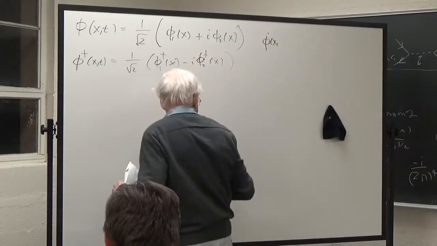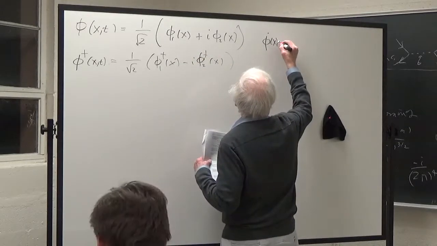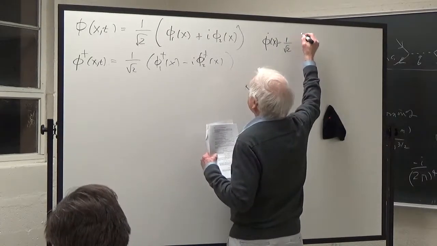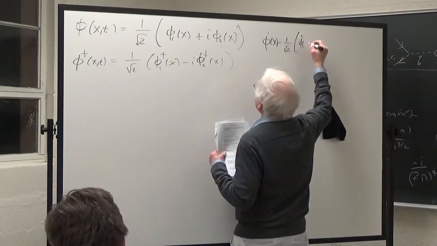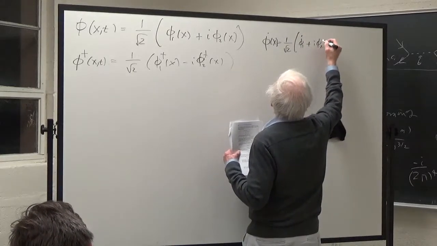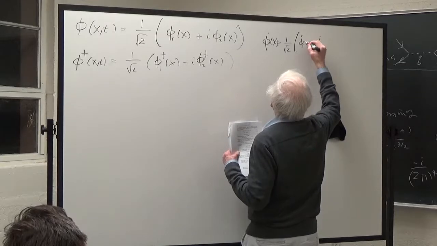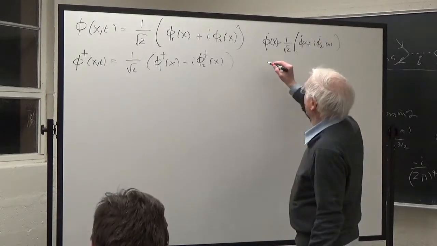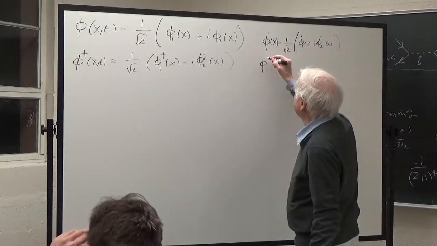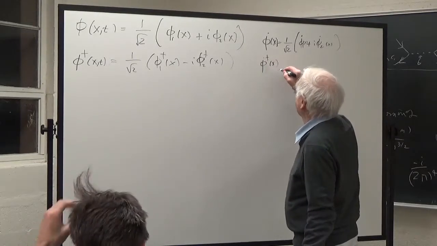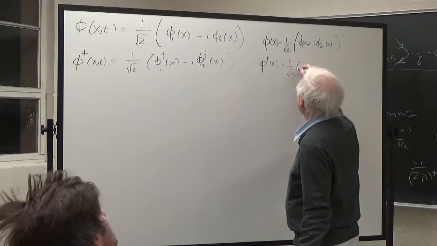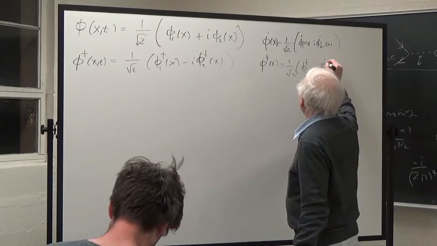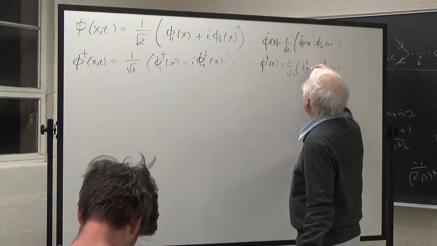Let me just do phi dot of x. This is then 1 over root 2 times phi 1 dot plus i phi 2 dot. And now phi dot dagger of x is 1 over root 2 times phi 1 dot dagger minus i phi 2 dot dagger of x.